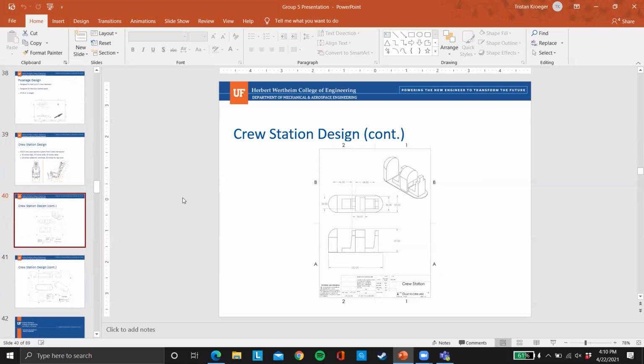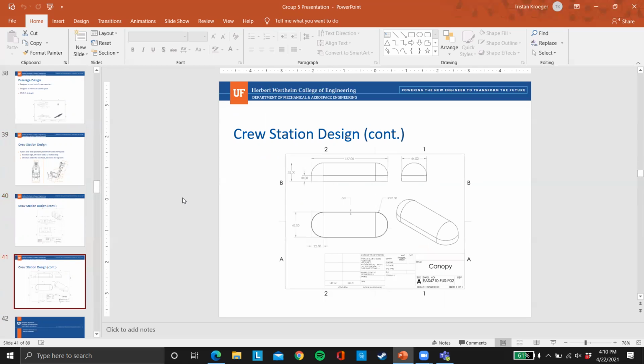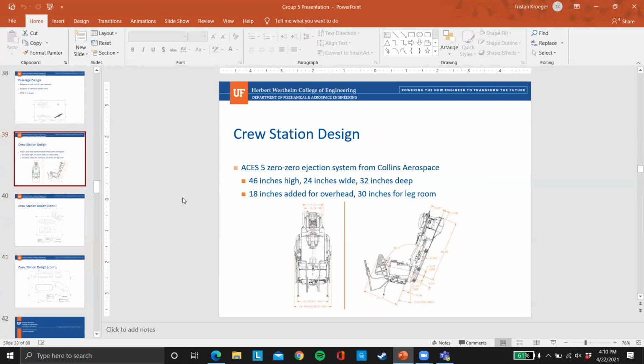And for the crew station design, I think the most important requirements are the visibility angles: the over the nose angle, the side angle, and back to the tail. For the attack aircraft, the most important part is that we want to make sure that the pilot has visibility.